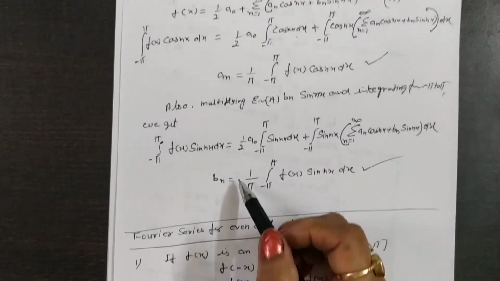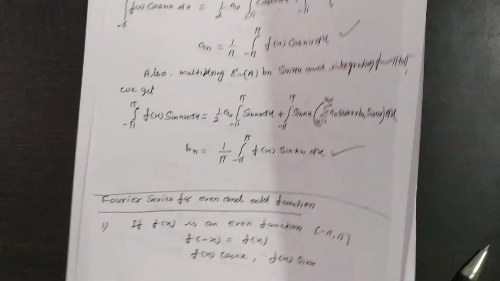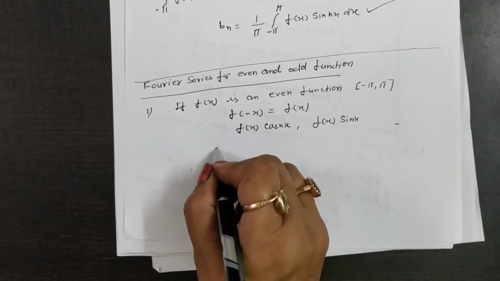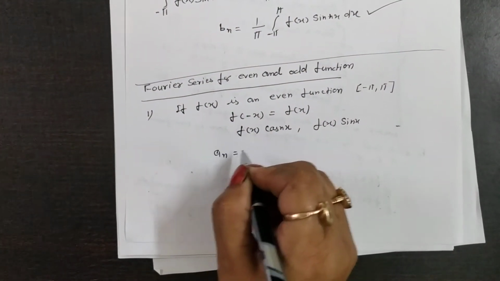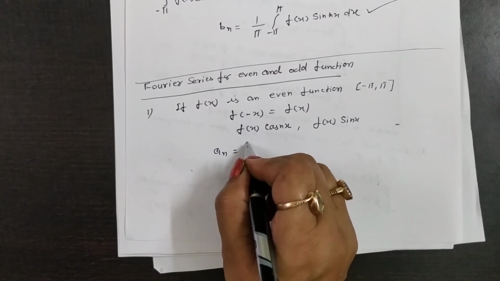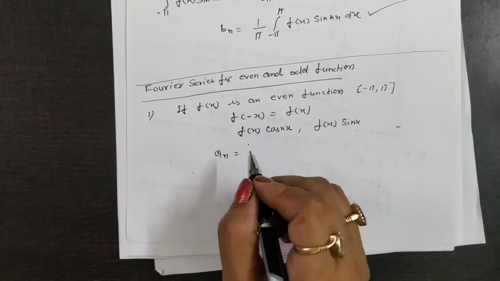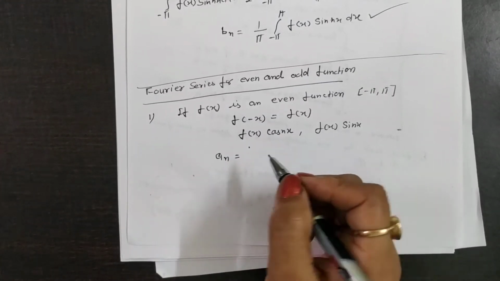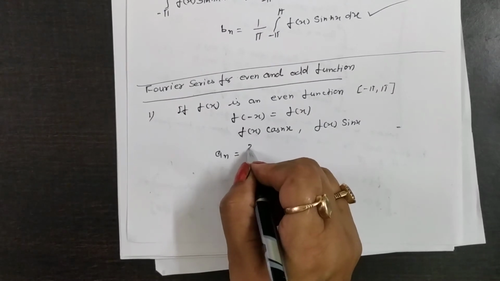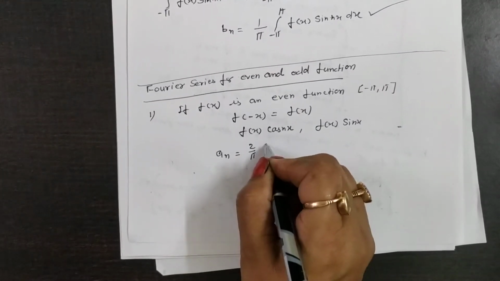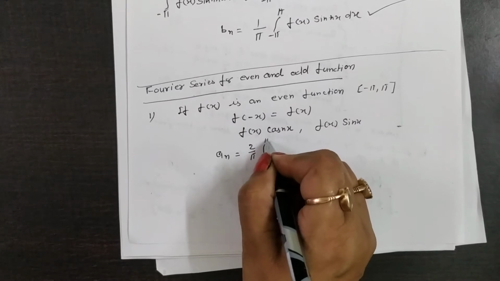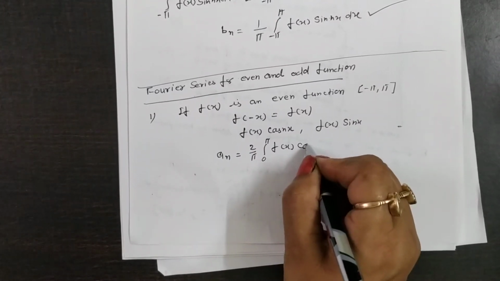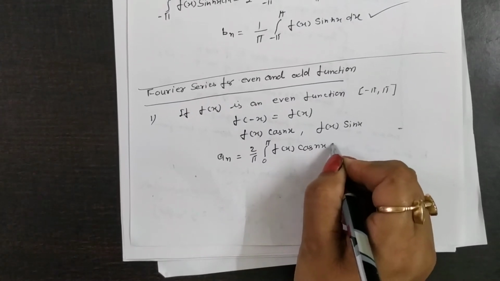So you get only the term for even functions: an is equal to the integral from minus pi to pi, and applying the property for the even function, minus a to a f of x dx becomes 2 times the integral from 0 to a. So an is 2 by pi, integral 0 to pi, f of x cos nx dx.